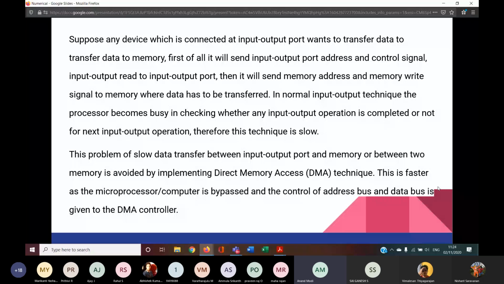So this technique is quite busy, as we have seen in the previous two, where we wait for any input-output operation to be completed before the next input-output operation. Therefore, this technique was slow. This problem of slow data transfer between the input-output port and memory is avoided by DMA, which is direct memory access. And we can go to the next slide.